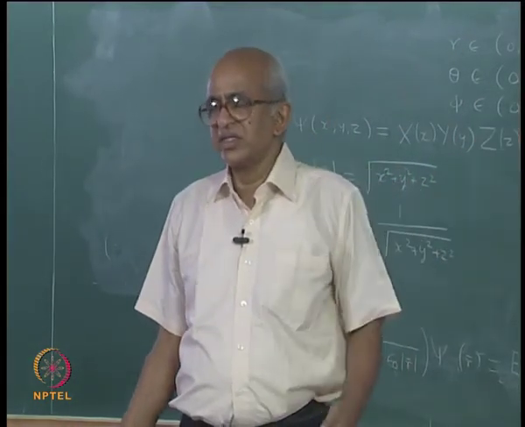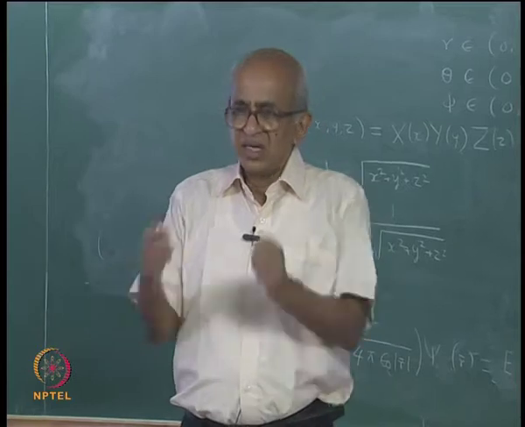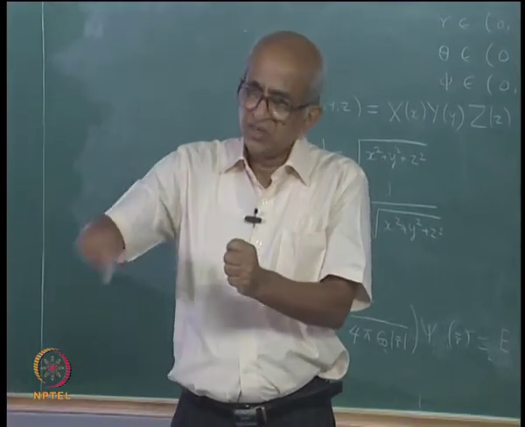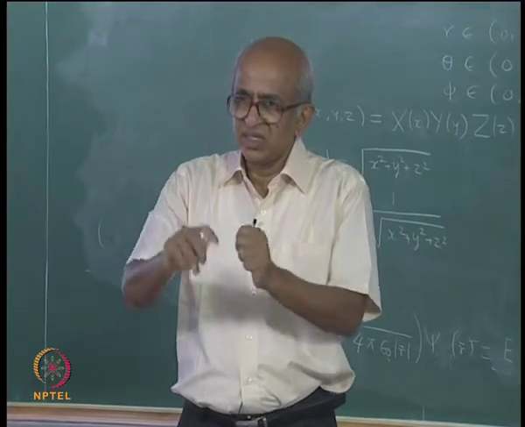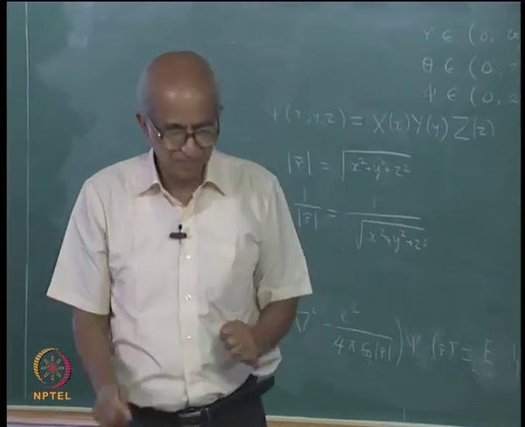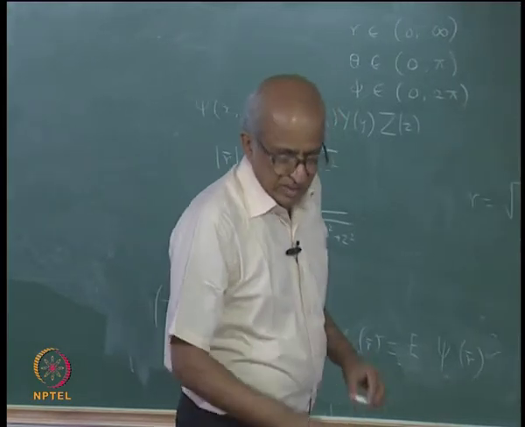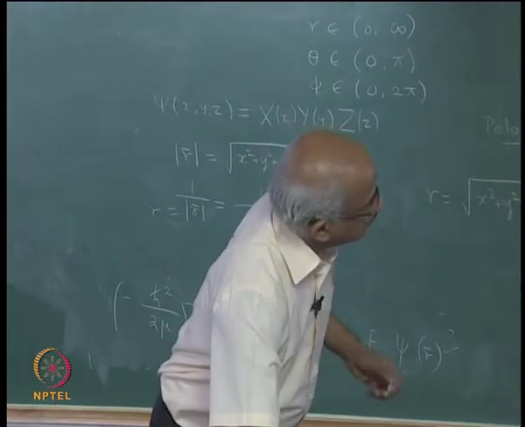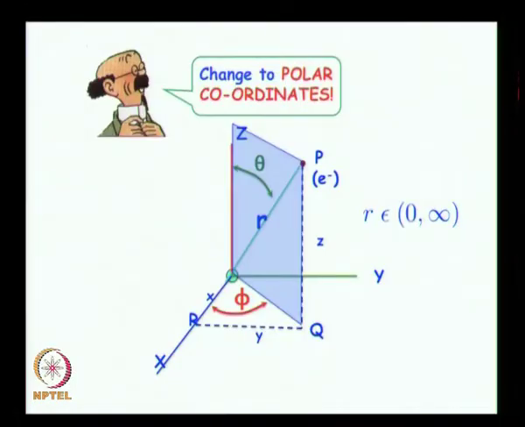The only condition is that for any value of phi, if you add 2 pi to it, nothing happens, the point remains unchanged. So whatever I have told you is given in this slide: r belongs to 0 to infinity, theta belongs to 0 to pi, phi belongs to 0 to 2 pi.